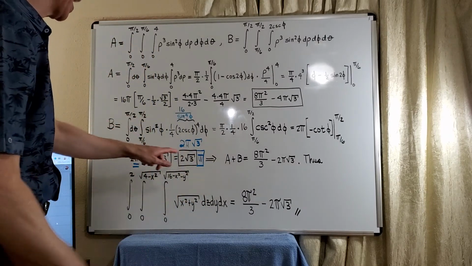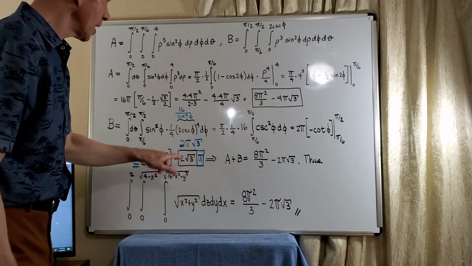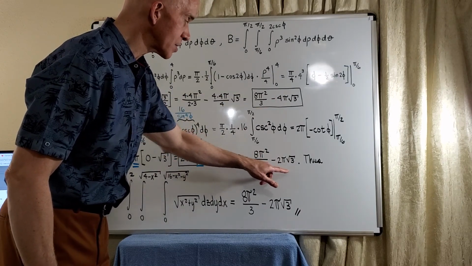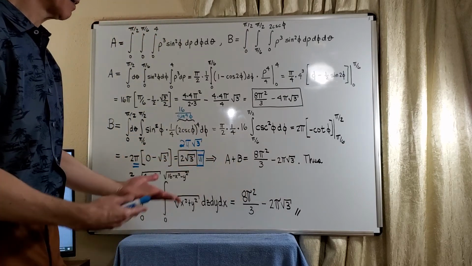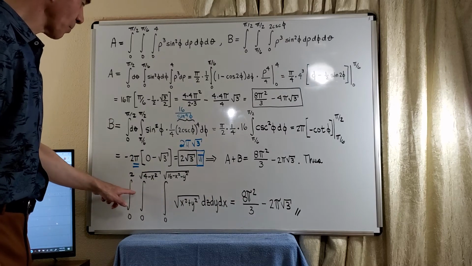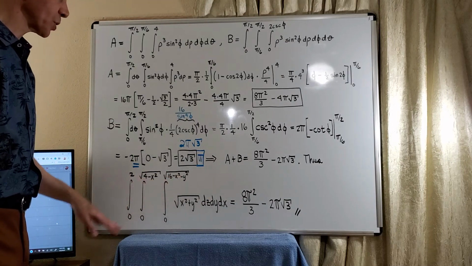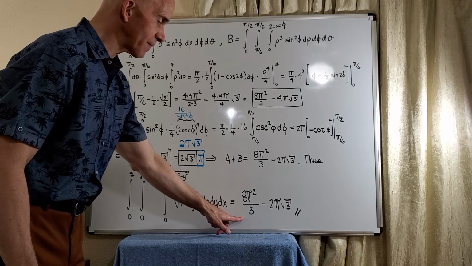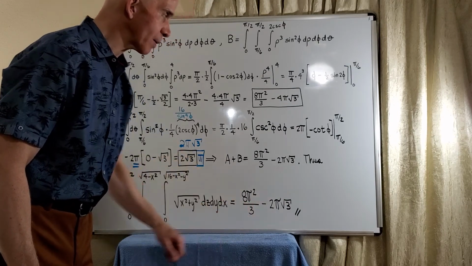So now when we add this term to this term, we end up with the negative 2 pi root 3. So that's the only difficulty of adding the two terms. So now what we see is that the original integral, as unfortunate as it was, is actually 8 pi squared divided by 3 minus 2 pi root 3.